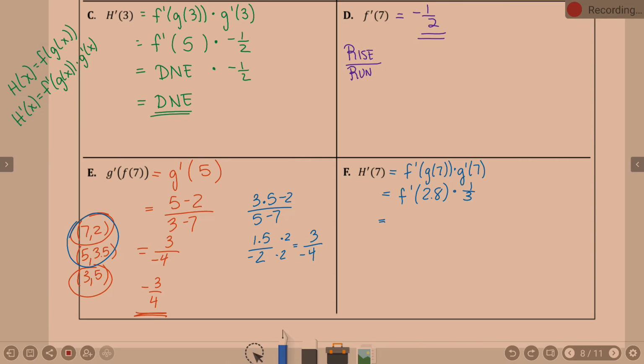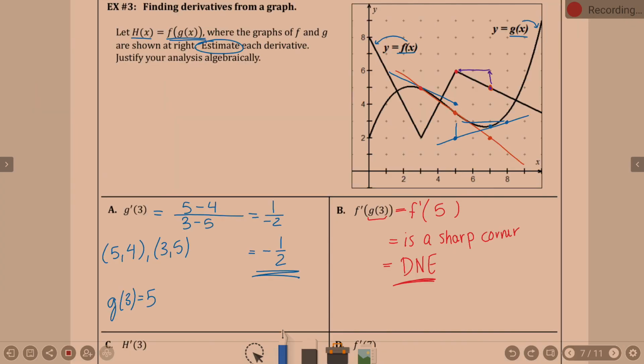F prime of 2.8. Last piece. F prime. Ooh, F is the sharp graph. That's nice. 2.8, right there, ish. So what's the slope there? Negative 1. Yep.